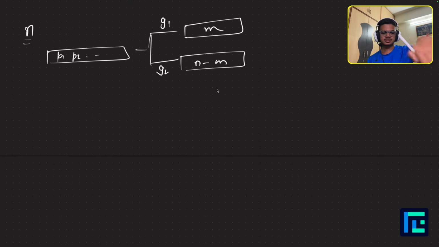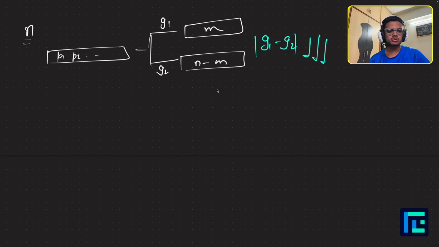We want to divide these groups in a way that the absolute value of g1 minus g2, where g1 and g2 denote the sum of the groups, is as small as possible. So we want to divide the weights into two sets such that the difference between weights is as small as possible.